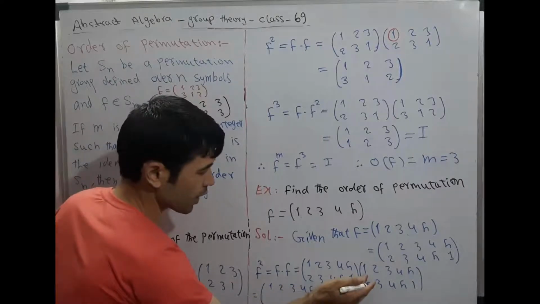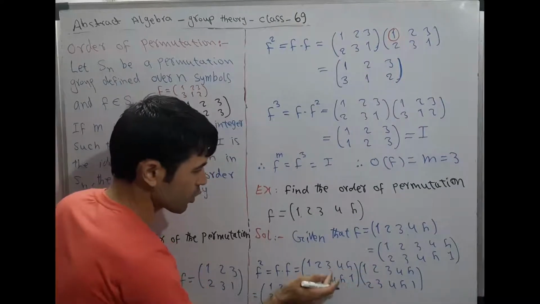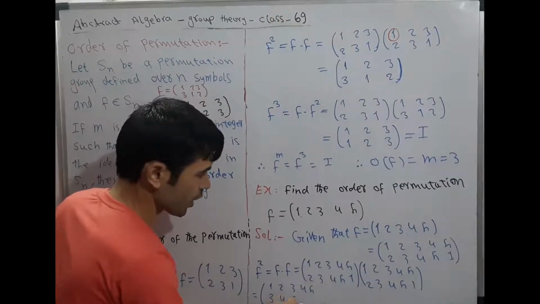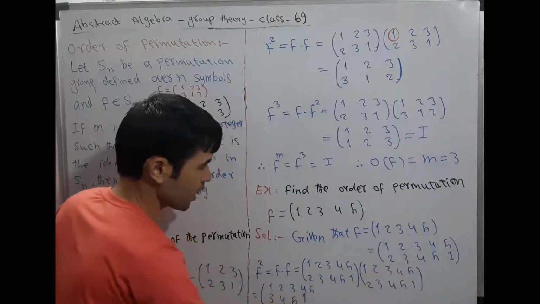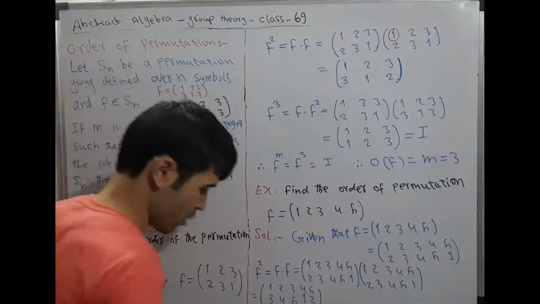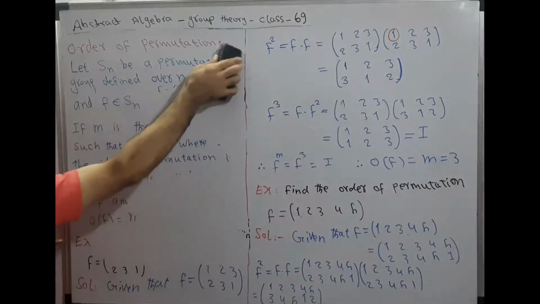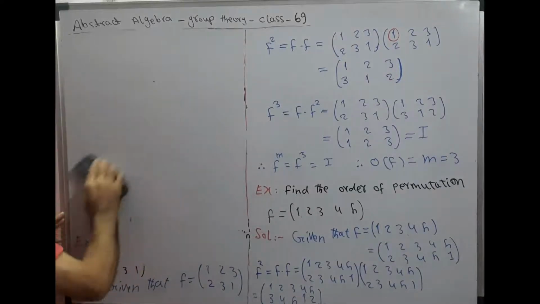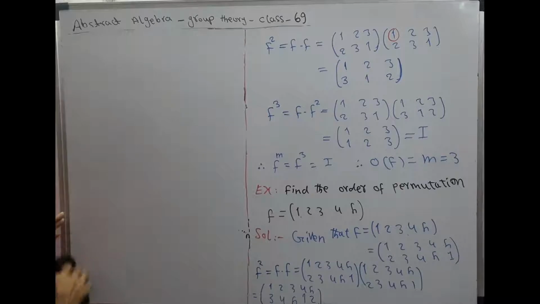Image of 1 is 2, image of 2 is 3, image of 3 is 4, image of 4 is 5, image of 5 is 1, image of 1 is 2. It is f squared. We now want to find f cubed and f to the power 4 and f to the power 5, until we get the identity element, and then that power is the order of the permutation.